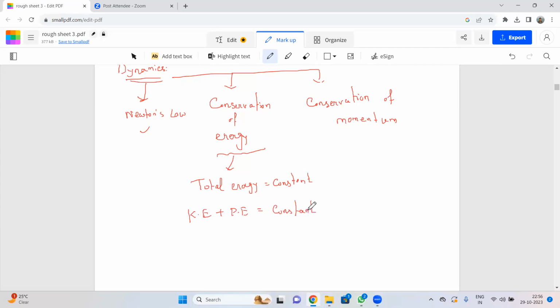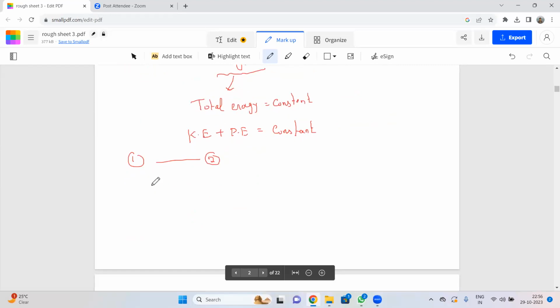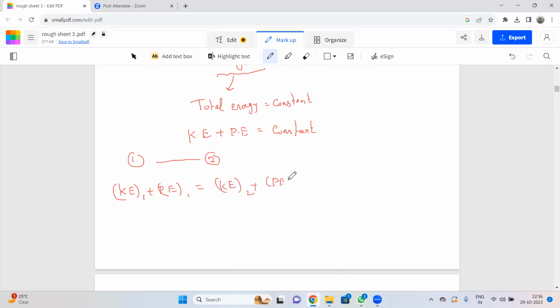Okay. So what we can see is that between point 1 and point 2, the total energy is constant. So KE at point 1 plus PE at point 1 is going to be equal to KE at point 2 plus PE at point 2.